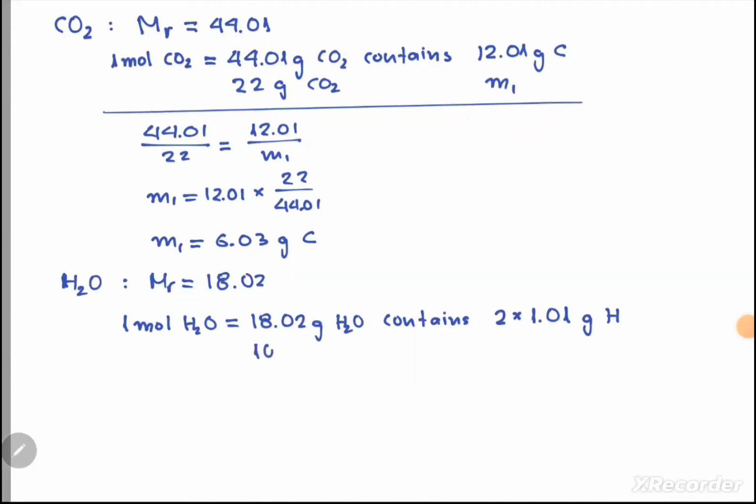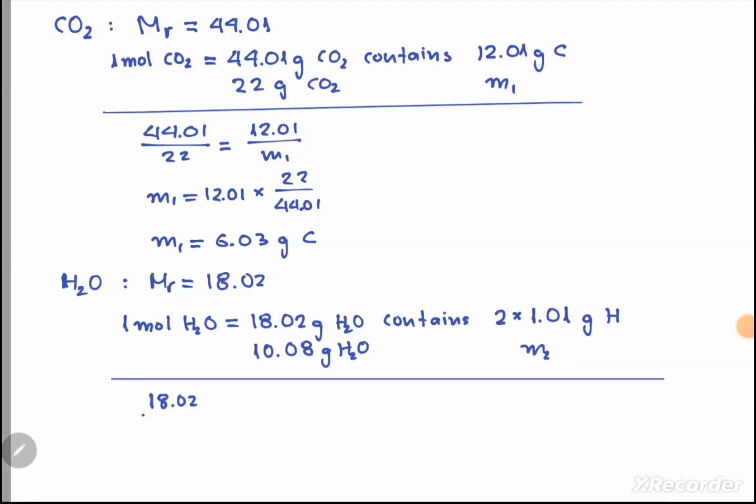Now we have 10.8 grams of water and M2 grams of hydrogen. So we find the mass of hydrogen in the amount of organic compound.